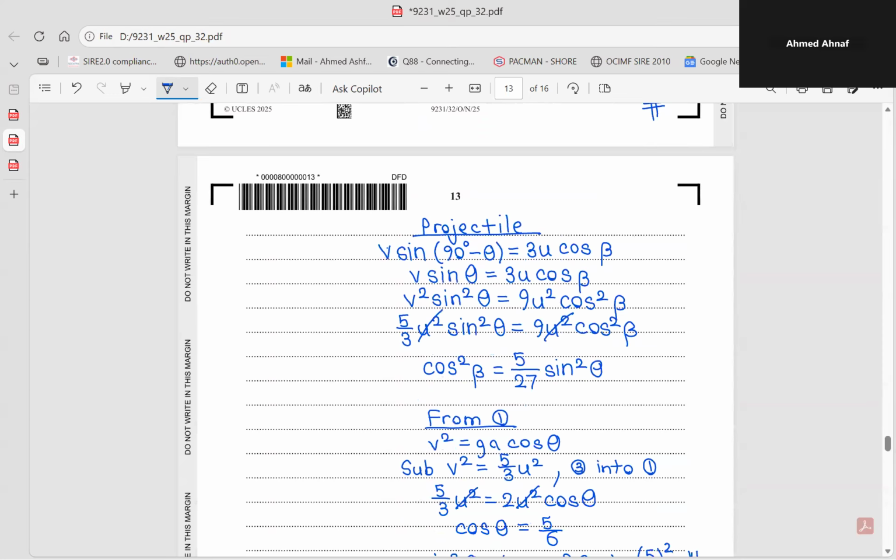Because of that, all the signs, at least on this side, oh my God, it's all gonna be cos. It's all gonna be cos. So it's gonna be V cosine 90, cos, cos, cos.